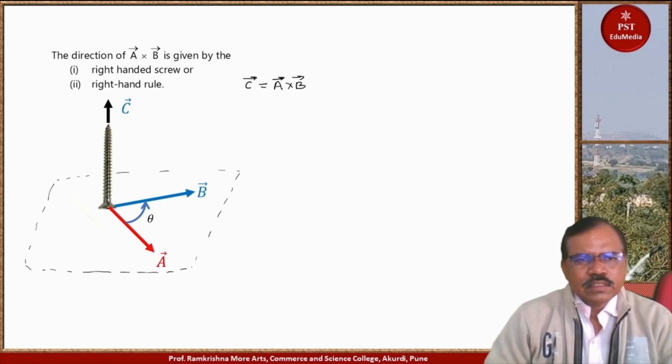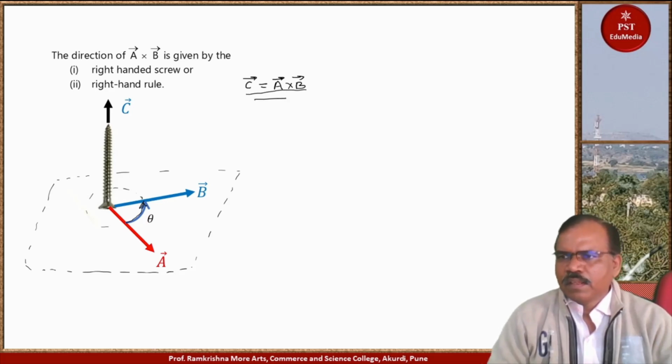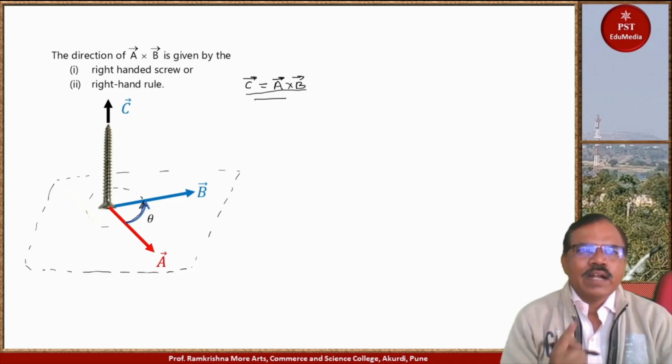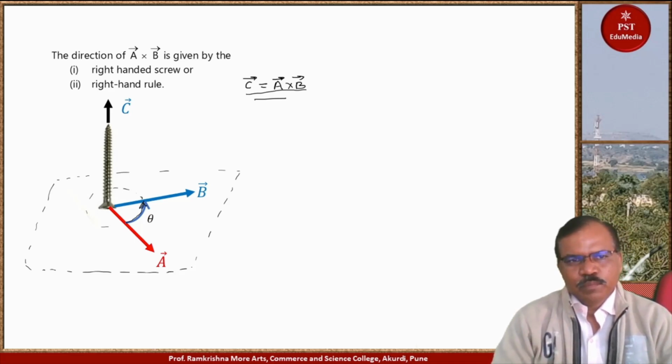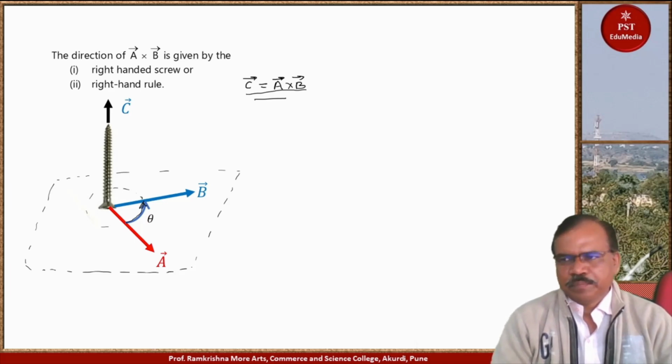So this is the sense of A cross B, counterclockwise, and C is equal to A cross B. So this is the direction along which the screw advances. So if we rotate, it will advance along the direction of C.